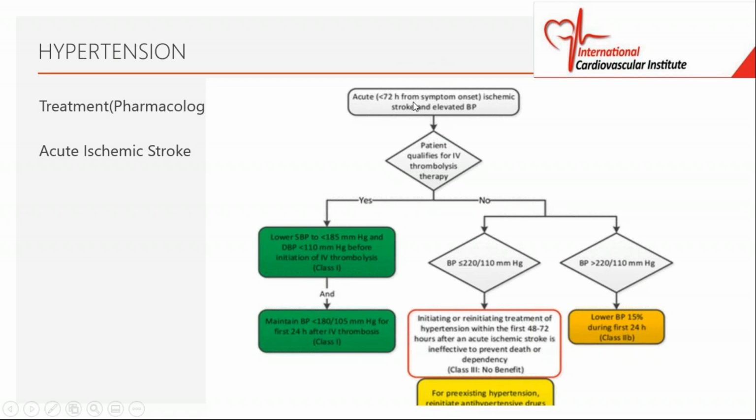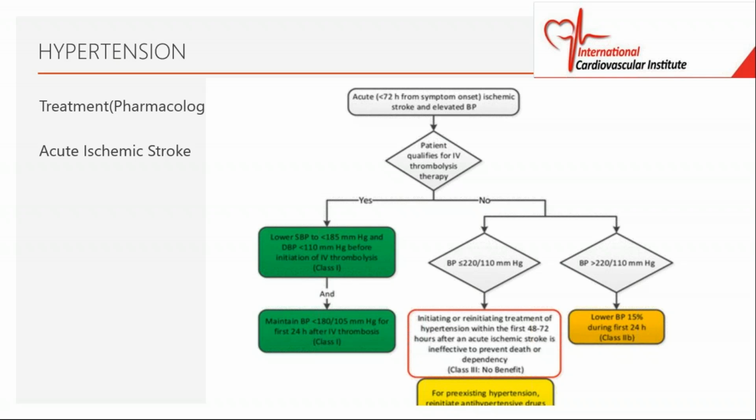So in an acute setting, that is less than 72 hours from the onset of symptoms, the patient has evidence of ischemic stroke or elevated blood pressure. So when the patient with a stroke goes to the emergency room, they say stroke alert, and basically what they're doing is alerting all the team, because that patient has to rush to the CAT scan.